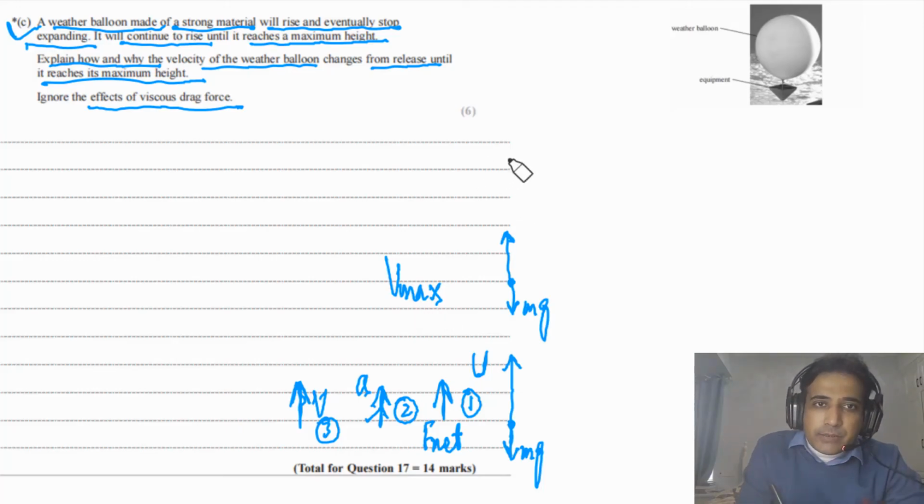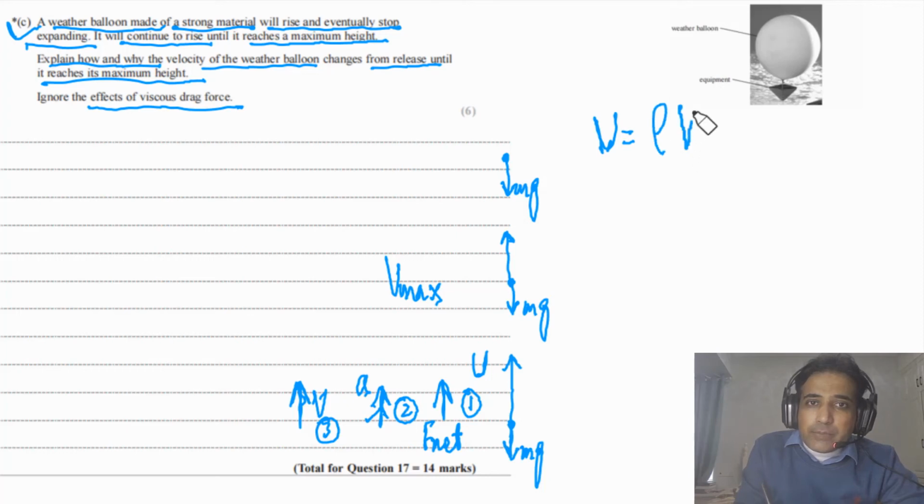And then we can take another point here. At this point upthrust will start decreasing, because upthrust U is equal to rho times V times g. Volume is constant now, but density is decreasing. Before, volume was increasing, but now volume has stopped expanding. As density decreases, upthrust will decrease.